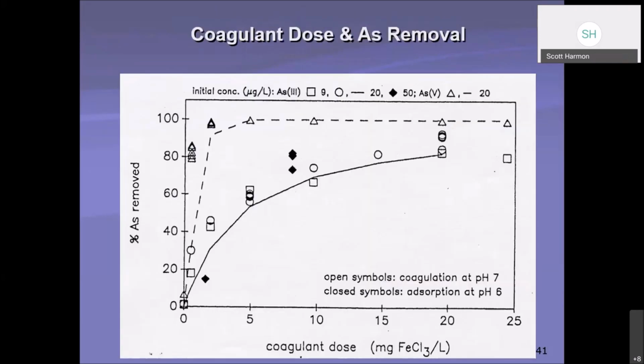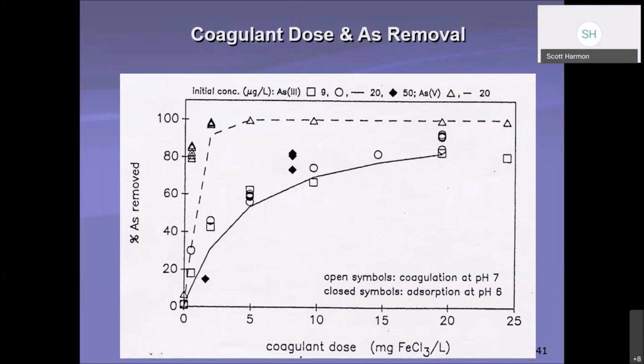So here is, and I don't know how well, again, with you folks, if you're using a small phone, you can see this graph. It has the coagulant dose and the ability of arsenic removal. So if you look on the left-hand side, that's the percentage of removal. The bottom line is talking about the dosage of coagulant. So you can follow along there.